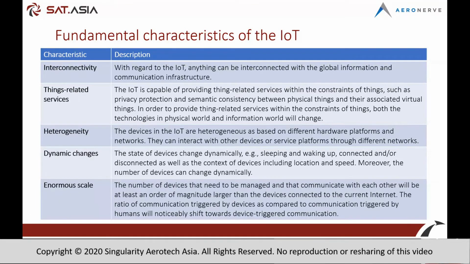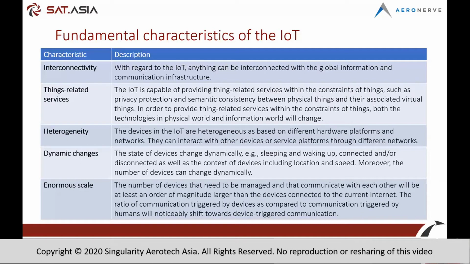The fourth characteristic is the dynamic changes. Okay, the state of the device needs to change dynamically, either it's sleeping or waking up, connected or disconnected. And all this in the context of, let's say, information that you need the device to give you.